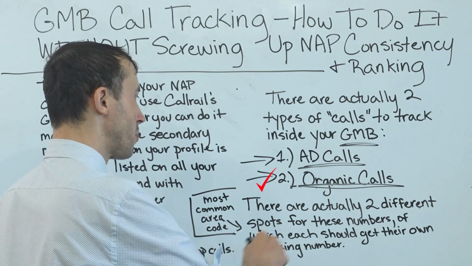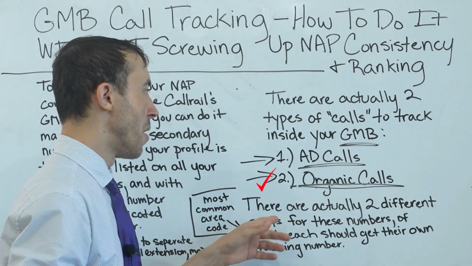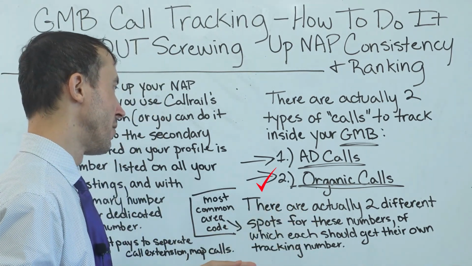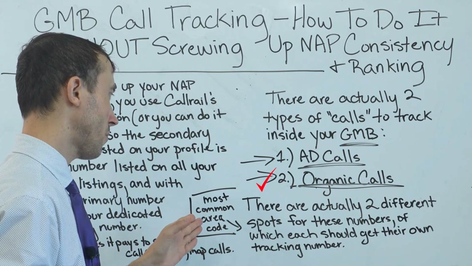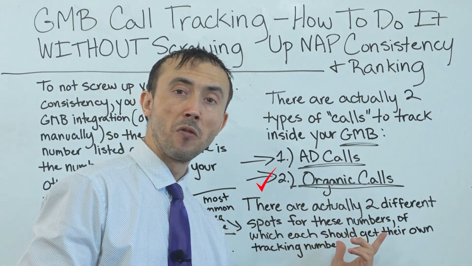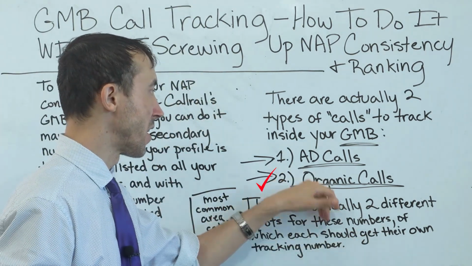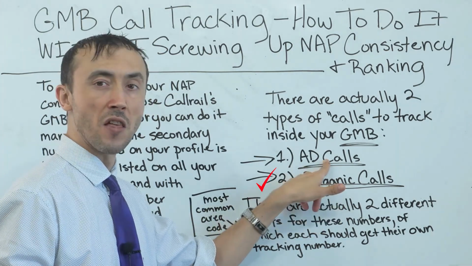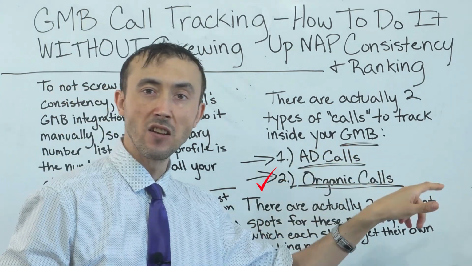So there are 2 spots on your Google business profile itself, for the organic calls, and then there's another spot for the ad calls.